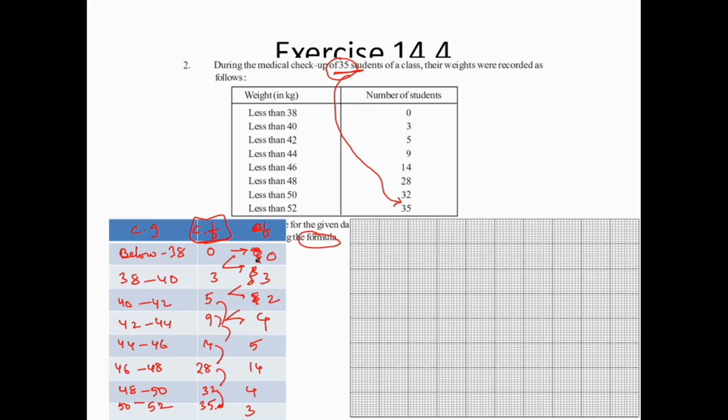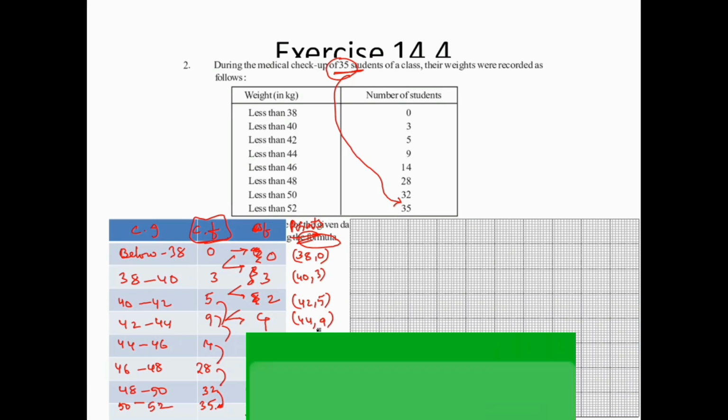Now they are asking us for the less than type, so I'll take the maximum class interval value with the cumulative frequency. Remember that: maximum value with cumulative frequency.